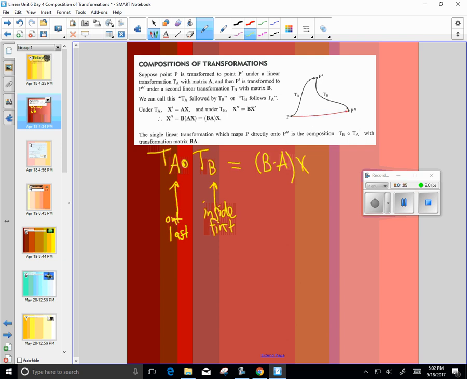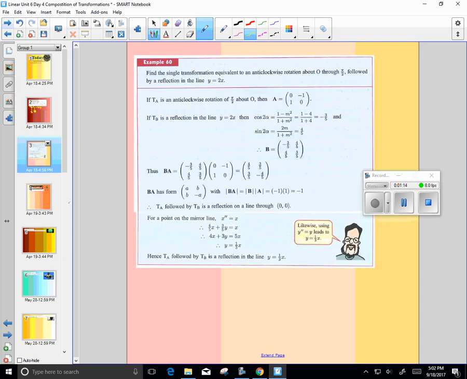And so you could transform these to the transformation matrices and just multiply them together. And that's what we're going to do. So I'm going to take the good old favorite anti-clockwise or counterclockwise rotation through pi over 2.